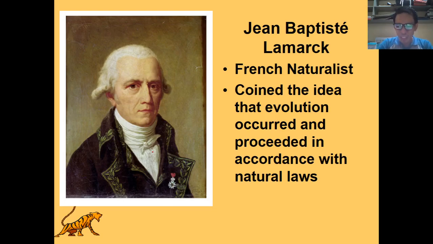We have Jean-Baptiste Lamarck, a French naturalist who coined the idea that evolution occurred and proceeded in accordance with natural laws. Meaning, in order for an organism to survive, it must follow whatever nature gives to it. That's the natural law.